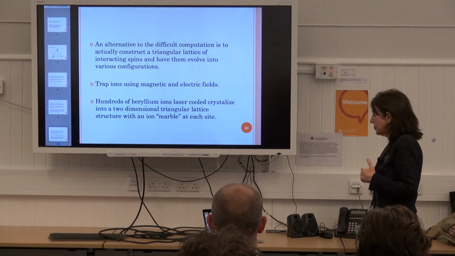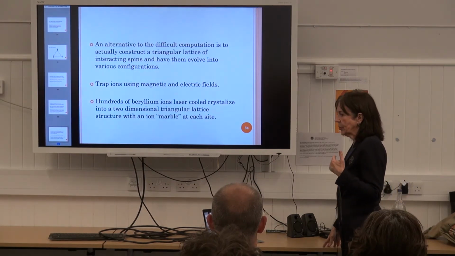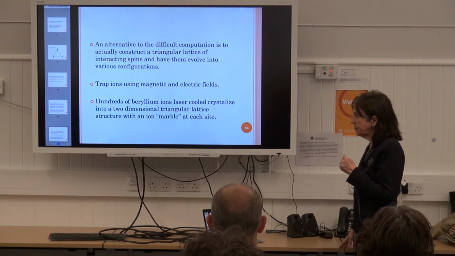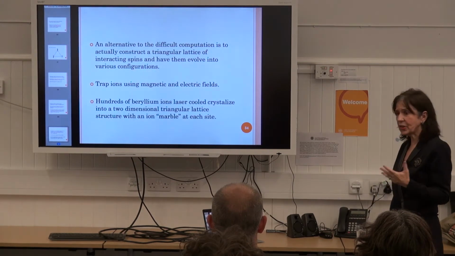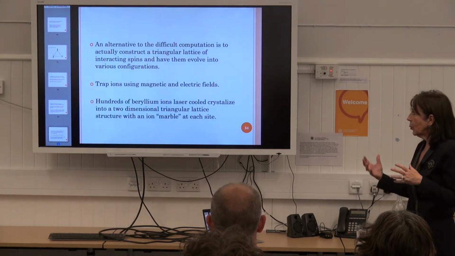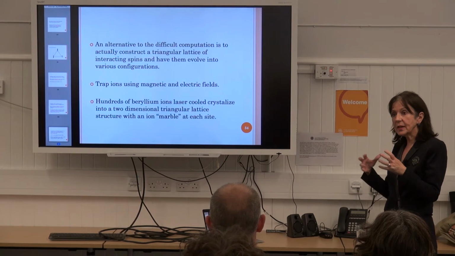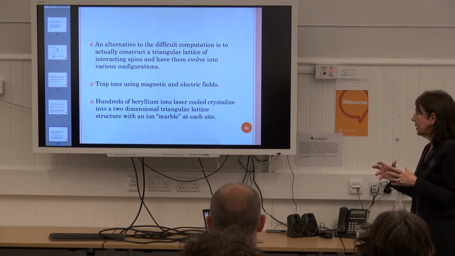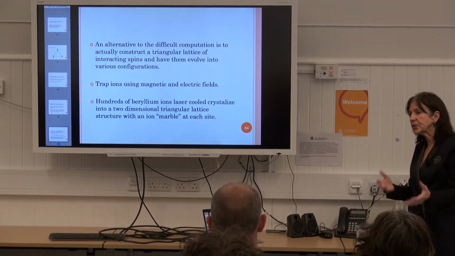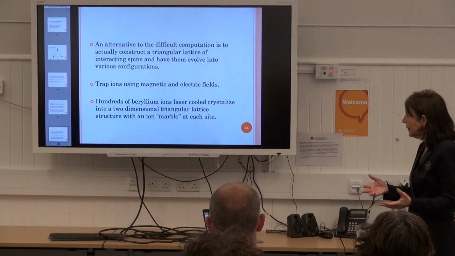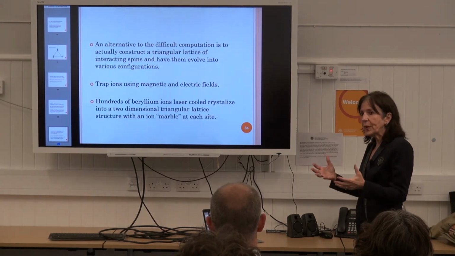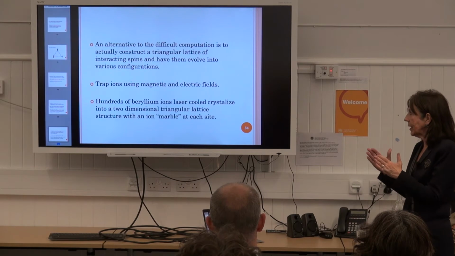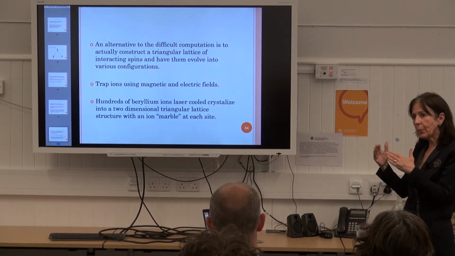And so I think it was in 2012, a strategy was developed for doing this, where you trapped ions using electric and magnetic fields. You use a laser to cool the ions. And you cooled them into a two-dimensional triangular lattice structure with a marble at each site.